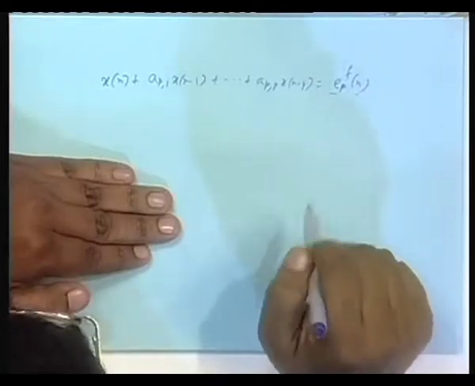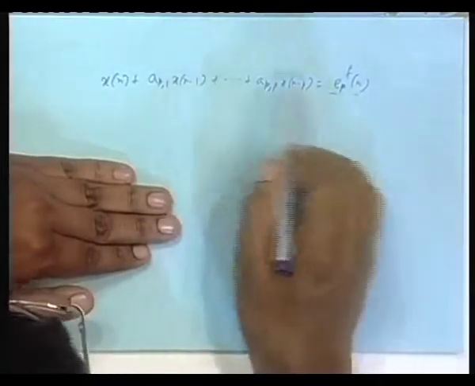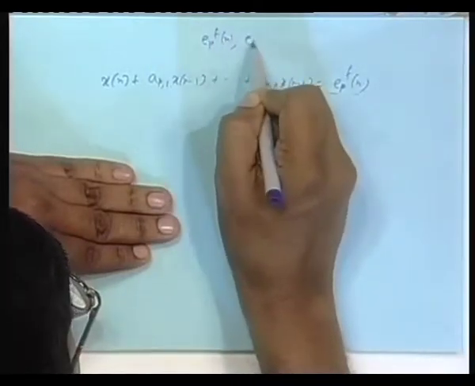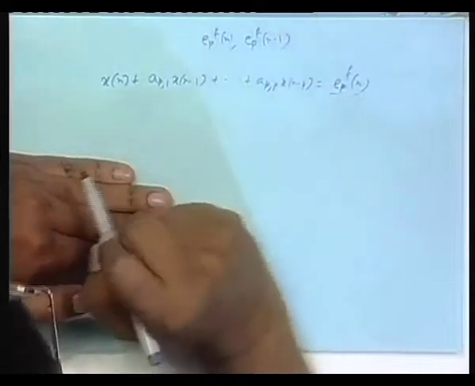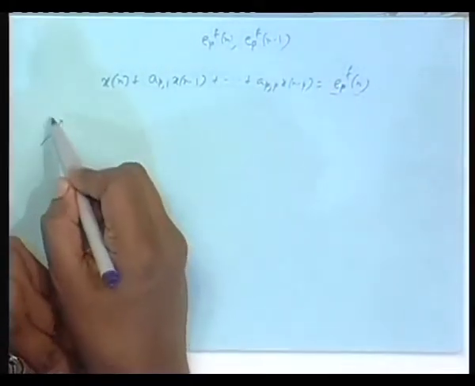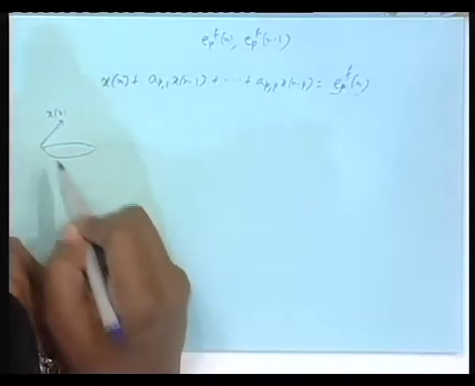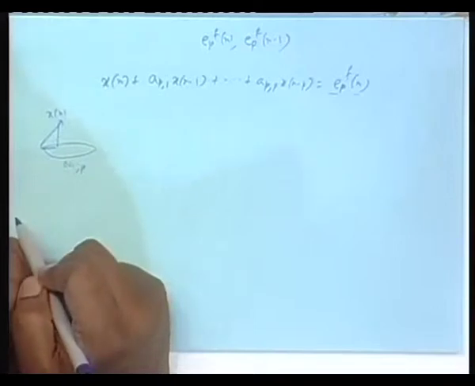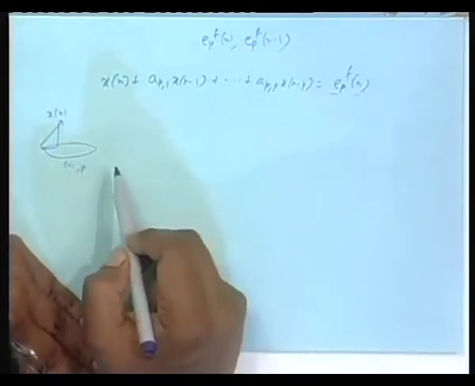You can see one more difference. Suppose you are solving a linear prediction problem, there is no guarantee that EPFN and EPFN minus 1 are orthogonal, because what is EPFN? EPFN is xn projected on W1 comma p, and this is the error. And what is EPFN minus 1?